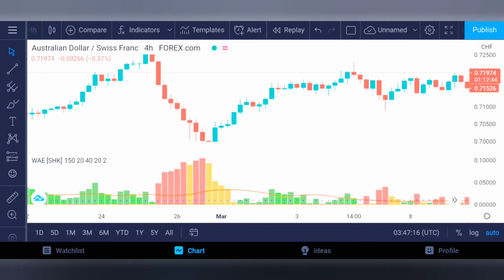Look right here, when price was going down, look how high these bars were, and they were also red. So yes, that's what volume indicators do.